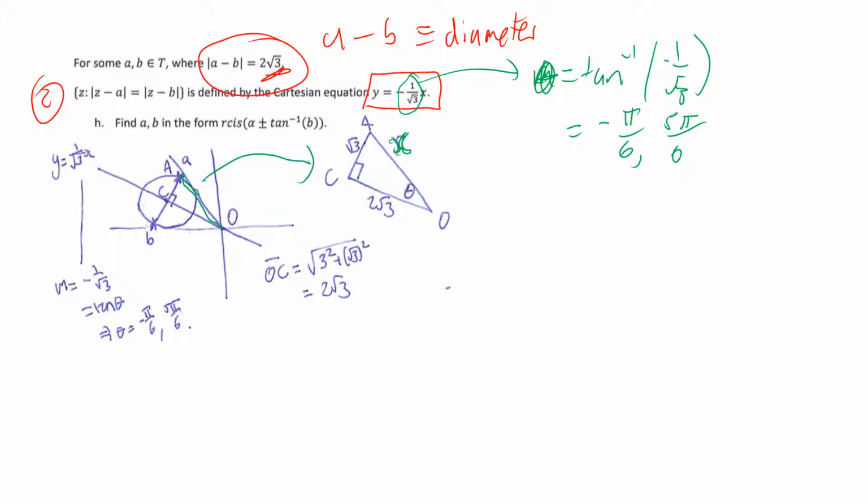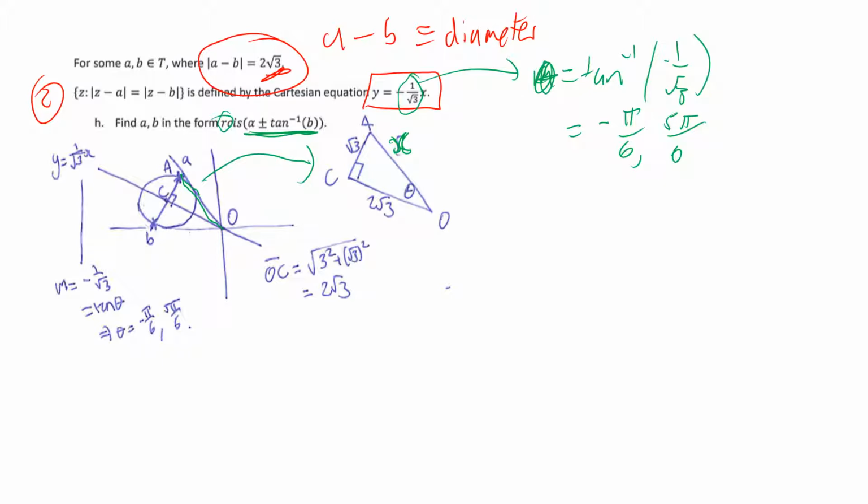Okay, so that length I need to find, because that length of AO will give rise to the R, the modulus of the complex number A that I need to find, and then ultimately I need to work out its angle of rotation from the positive real axis, in terms of the given form that you can see in the question.